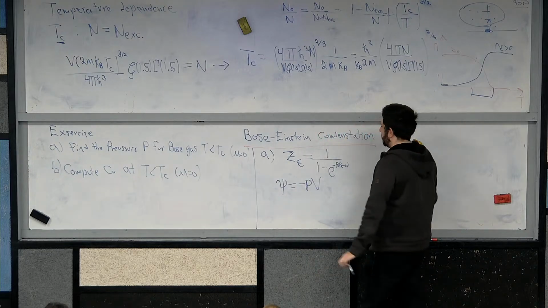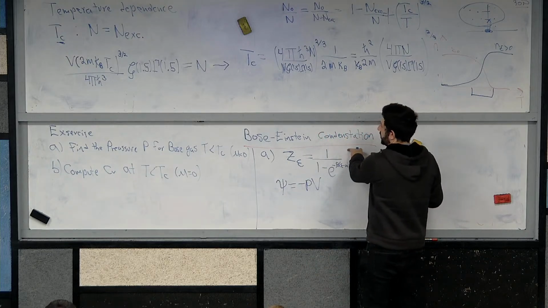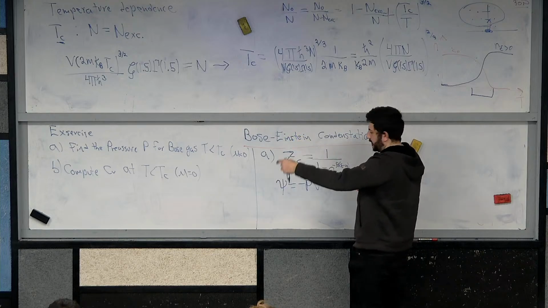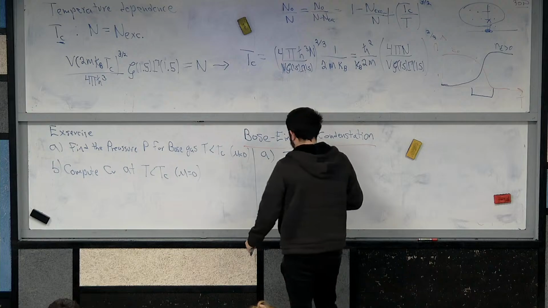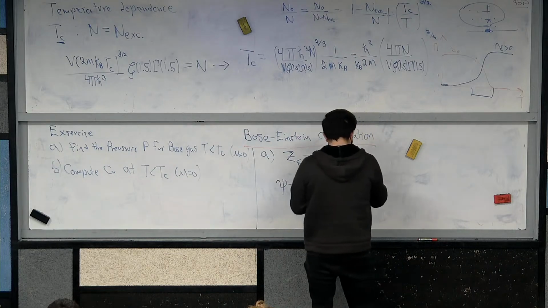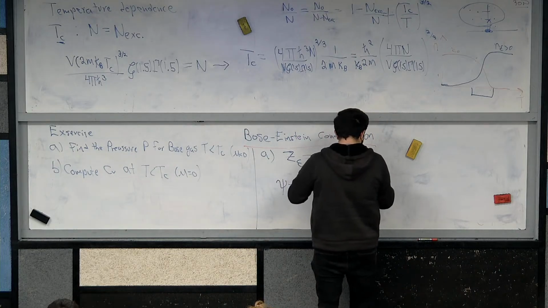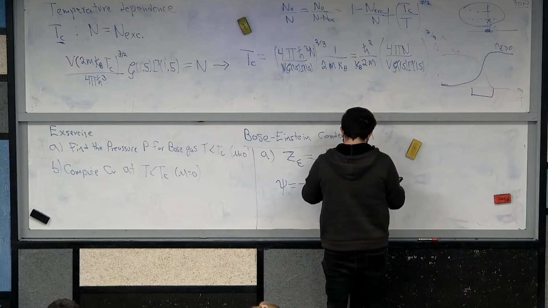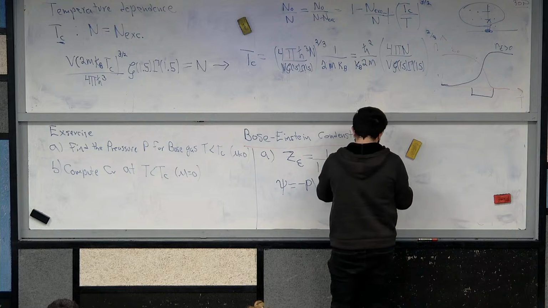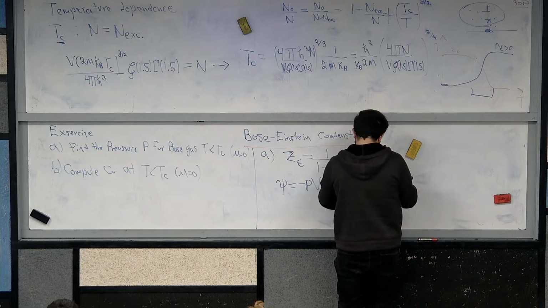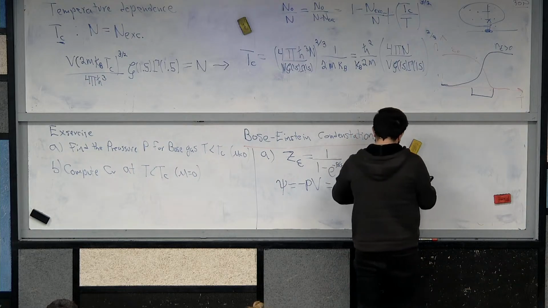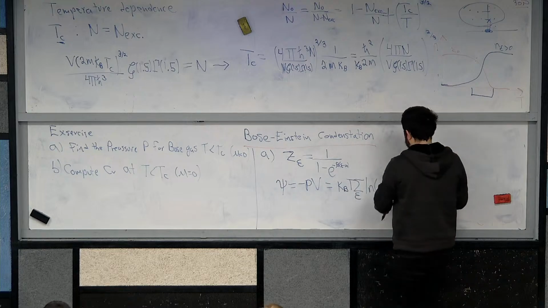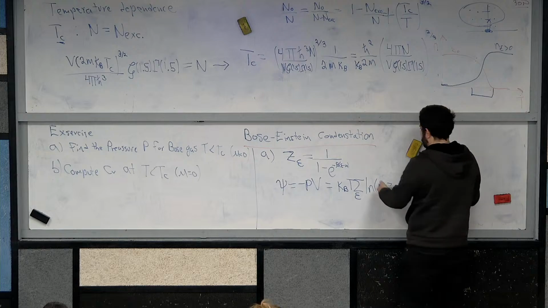Because we did a Legendre transformation on the number of particles and on entropy. So the only thing that we have is minus PV. It's also kBT, where this small z is the fugacity.